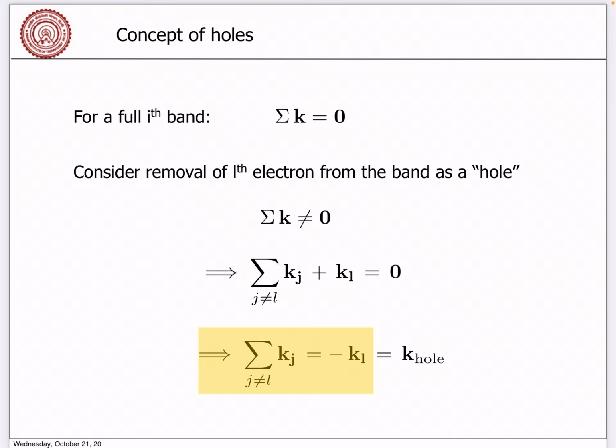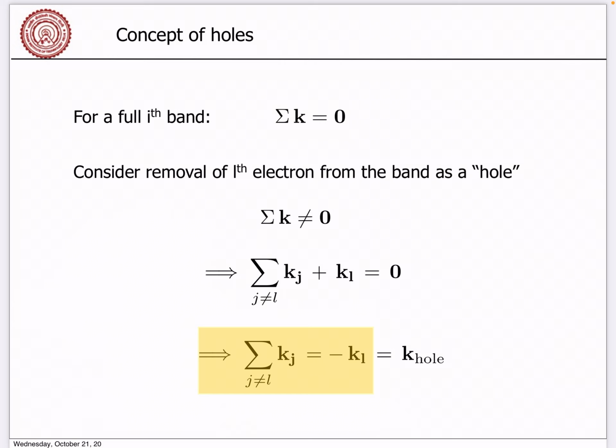Now, consider the removal of, let's say, the lth electron from the band. We are considering a full band, and therefore the sum over all the wave vectors equals 0. If we remove an electron, we are creating an empty state in the band, and corresponding to that electron there will be a non-zero k value. Non-zero k values are allowed only if there is an empty state in a completely filled band.